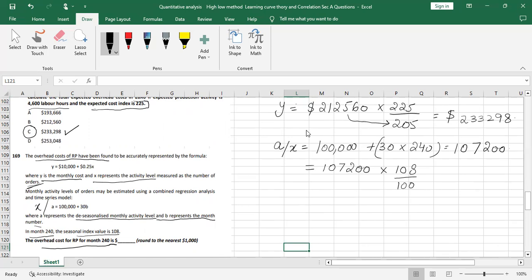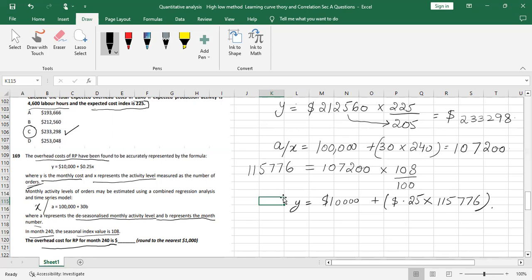So calculate the value of X or value of A, which we will put in the formula to calculate total overhead cost. It is 115,776. 115,776 is the value of X. Now you can solve Y. Y is equal to $10,000 plus 0.25 variable into total number of X or total number of orders.